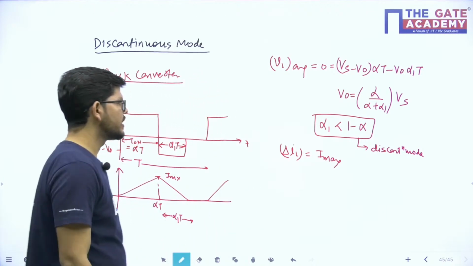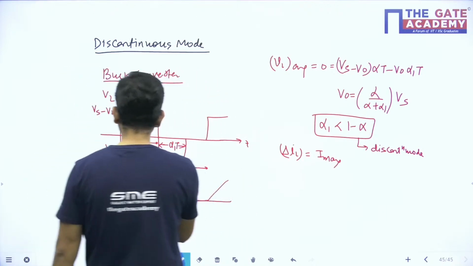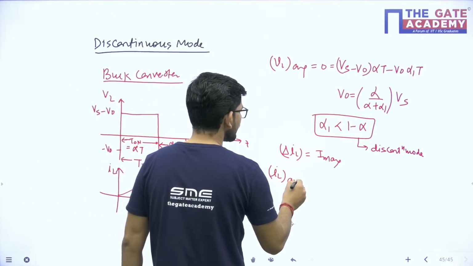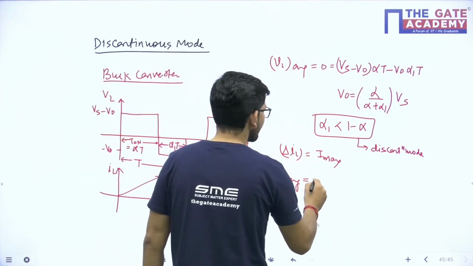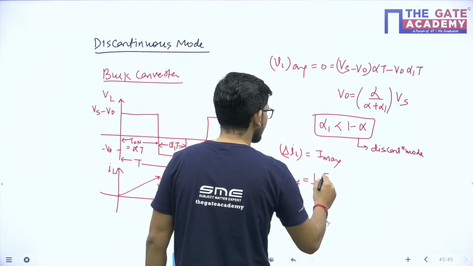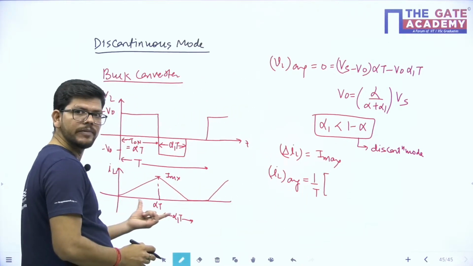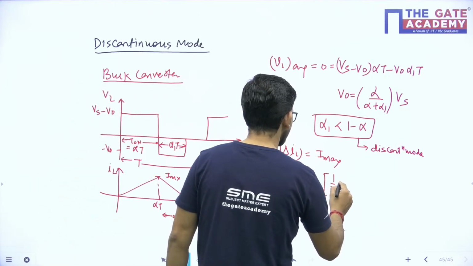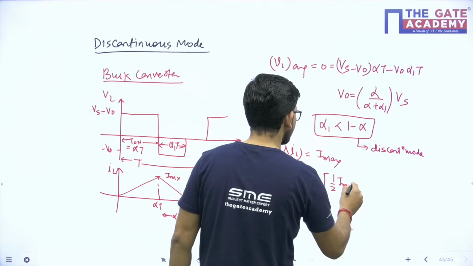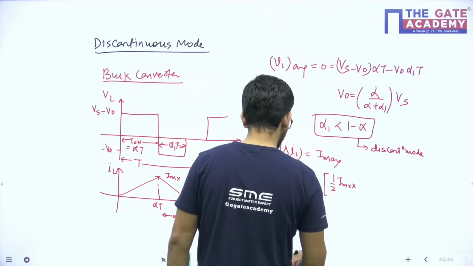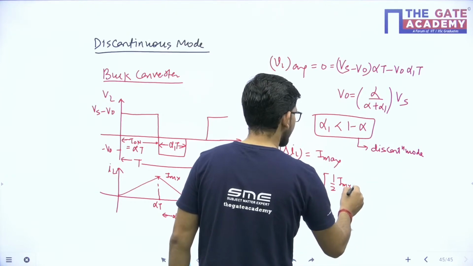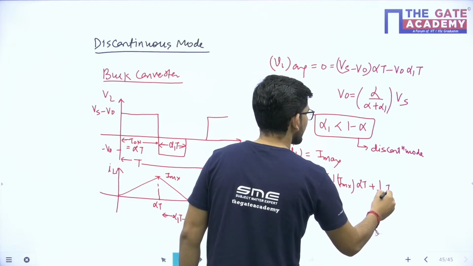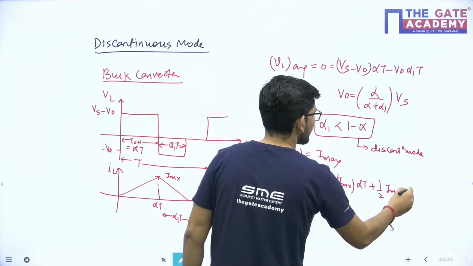This is the IL current. If I calculate the average value of IL current, it will be the area covered by this waveform. So 1 upon T times the area: half I max into alpha T plus half I max into alpha 1 T.